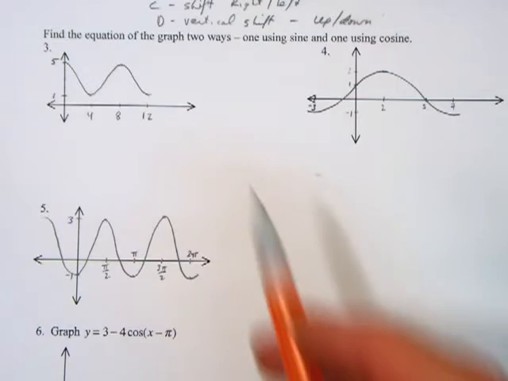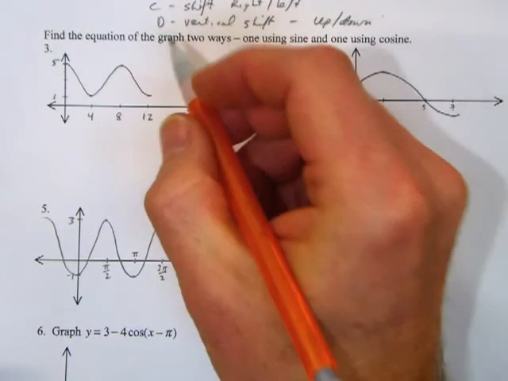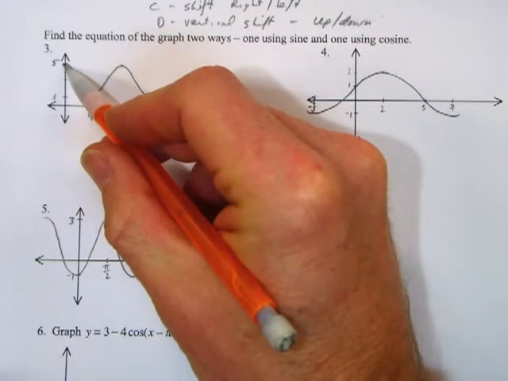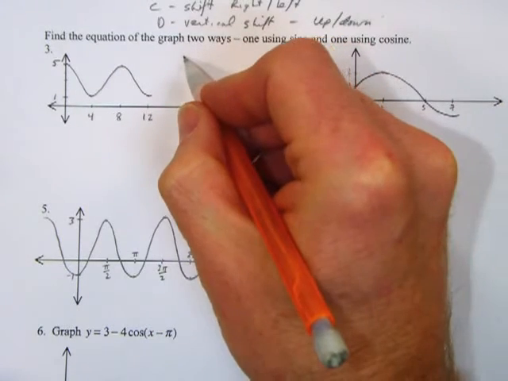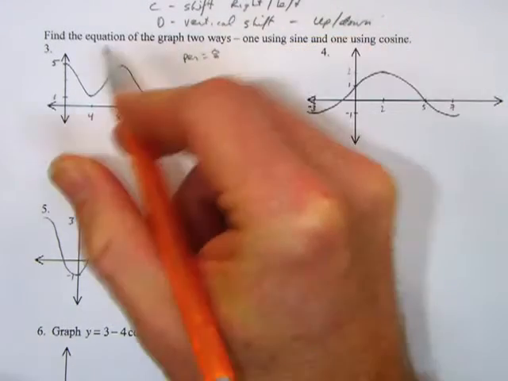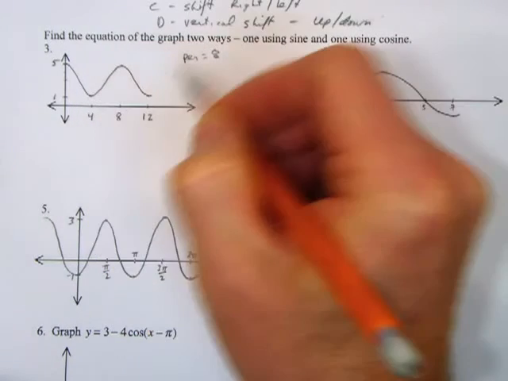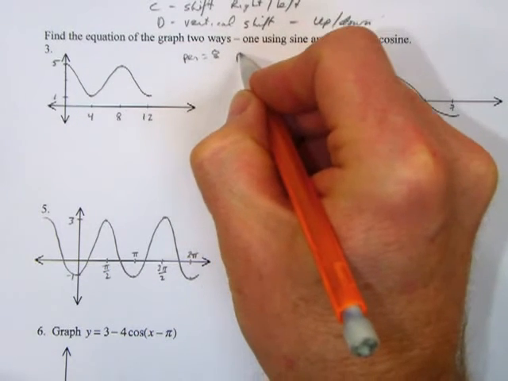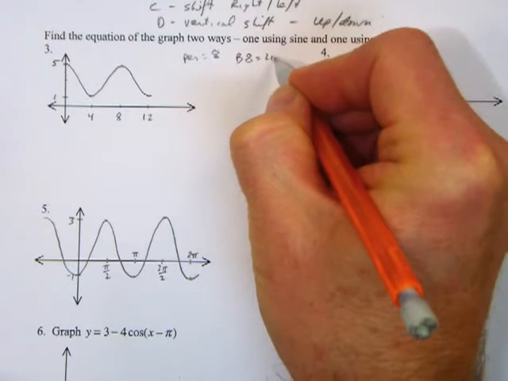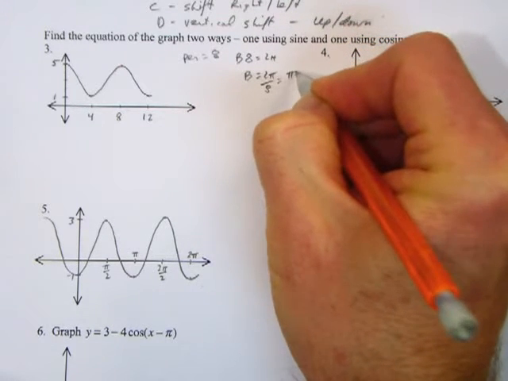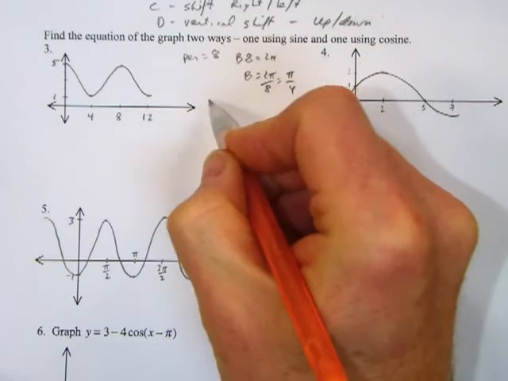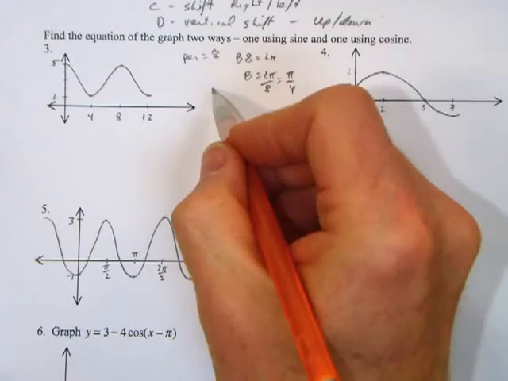Now we're applying all these ideas to these problems. So what is our period? Our period is going to be the distance it takes to repeat along the x-axis. Our period here is 8, and we can see that either between 0 and 8 or 4 and 12. So that means b times the period equals 2 pi. B is 2 pi over 8, or pi over 4. C, well, we're going to deal with that last.